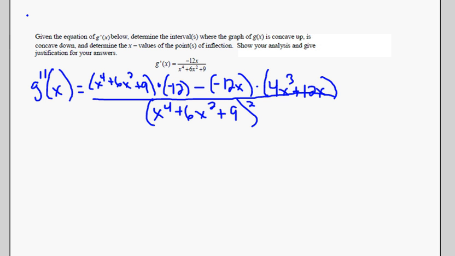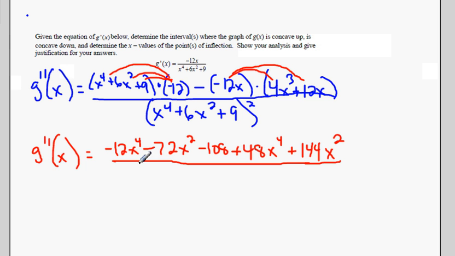I'm going to rewrite that a little bit differently in the next step. Okay, so distributing the negative 12 and the negative 12x, and I've got to pay attention to the sign up here. So I haven't combined anything.